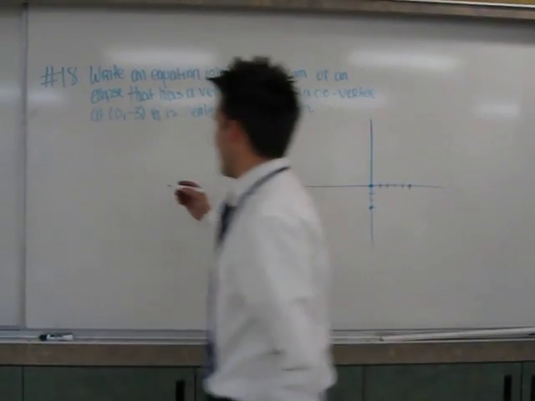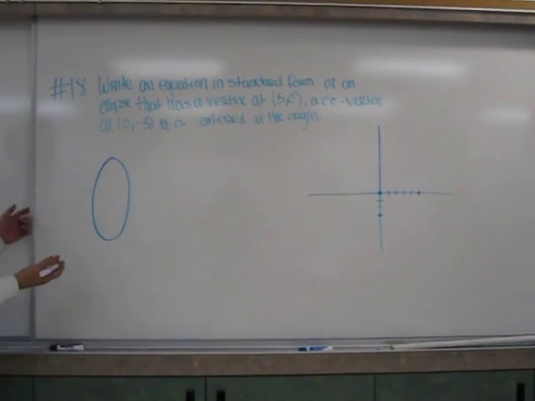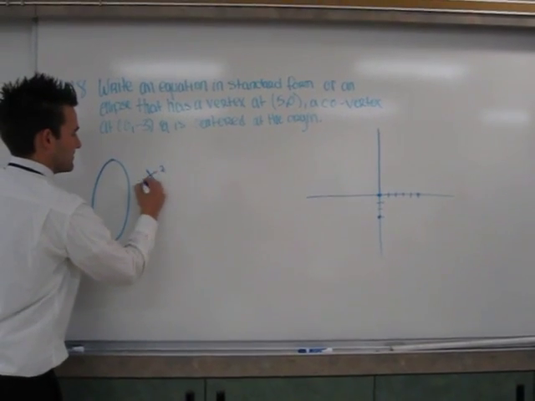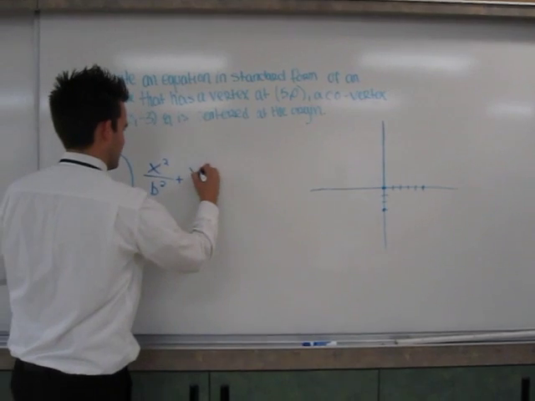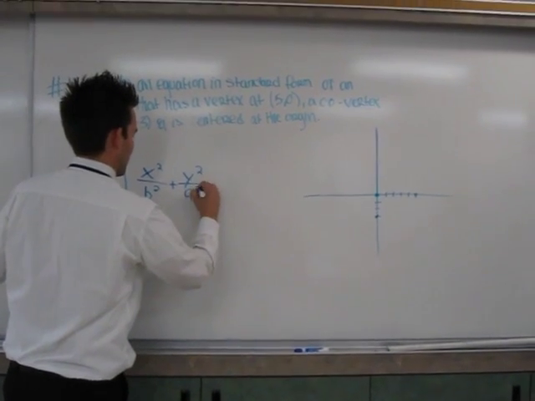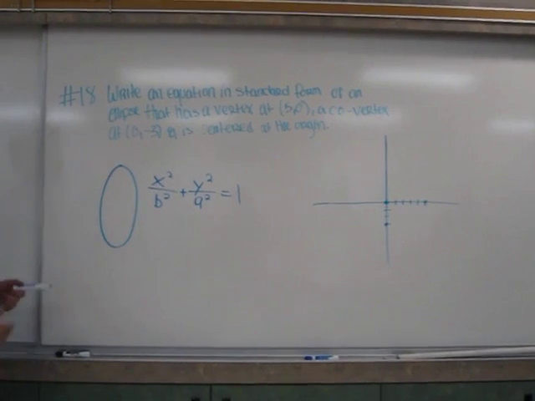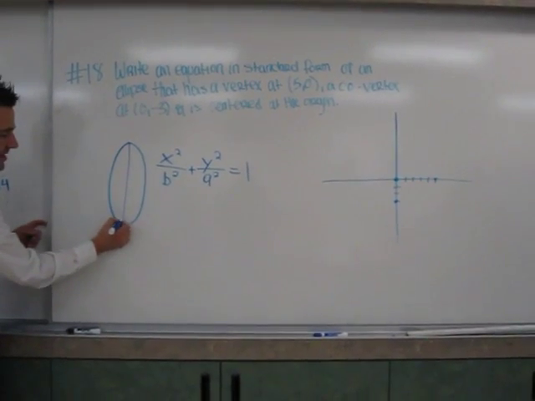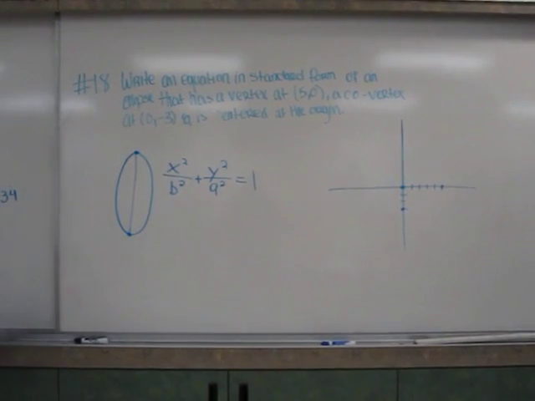Now, if the ellipse ends up looking like this, sometimes in class we've called this a Burt ellipse. We'll have the a squared term underneath the y squared term, and the vertices will be vertically aligned.